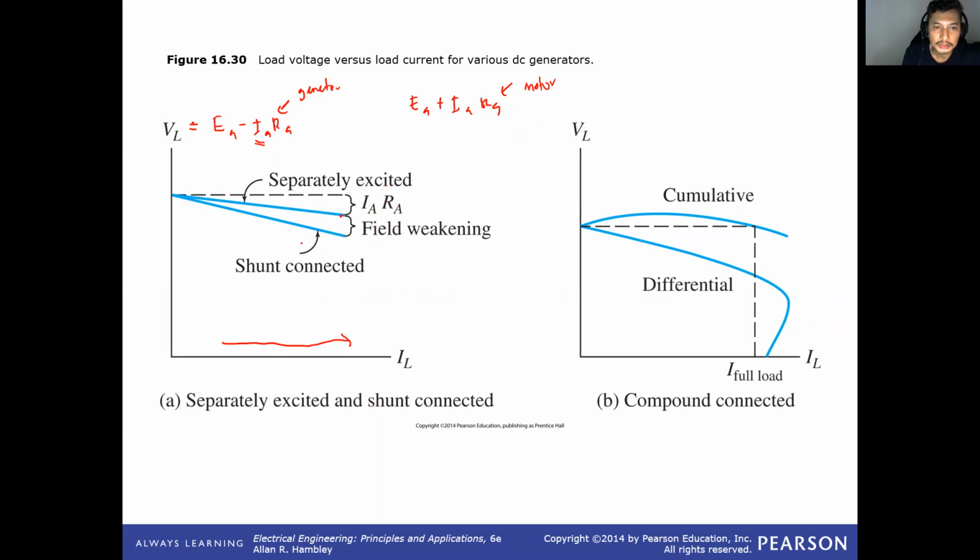But for the shunt connected generator, the voltage drop becomes much larger because of the effect of field weakening. Field weakening is where IF is reduced. When IF is reduced, the flux is also reduced, and this makes the magnetic field weaken. Why is IF reduced when IL is increased?